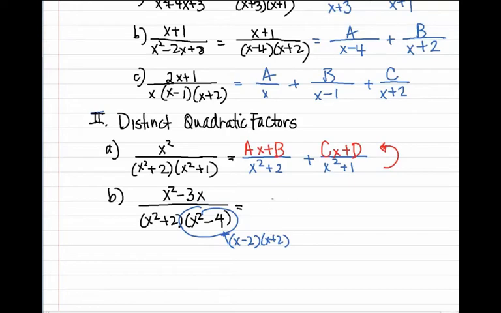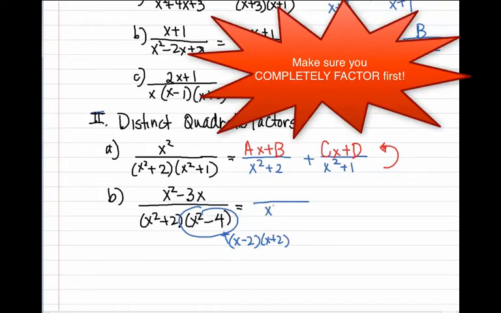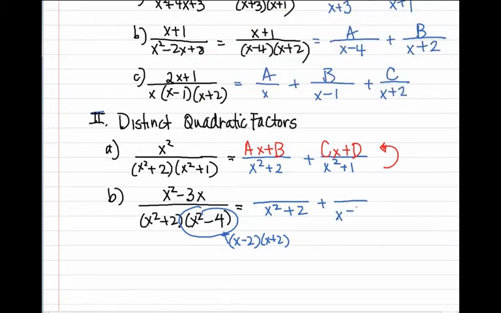So it is not a quadratic factor. So here we would actually have three fractions: x squared plus 2, x minus 2, and x plus 2. The first one is quadratic, so that's a linear factor on top. The others are linear, so they have a constant on top of each.